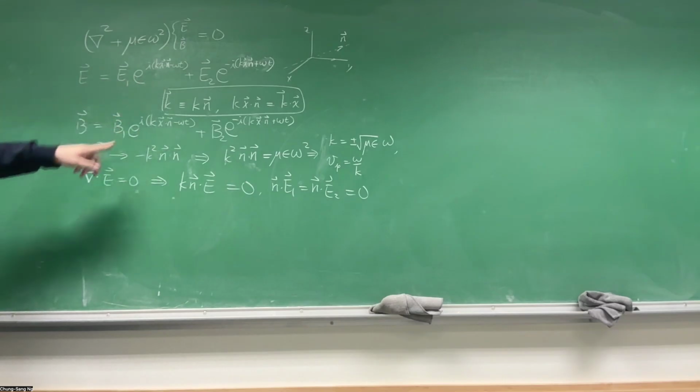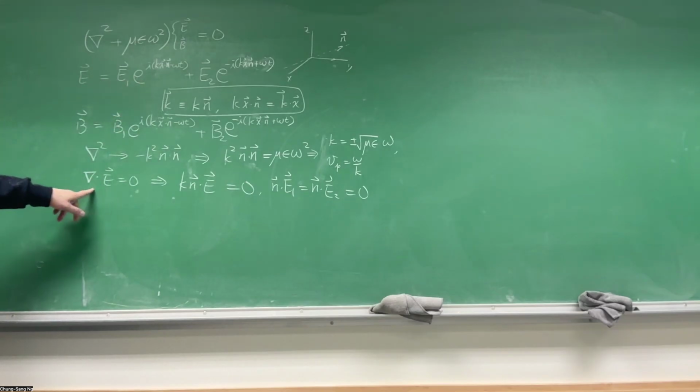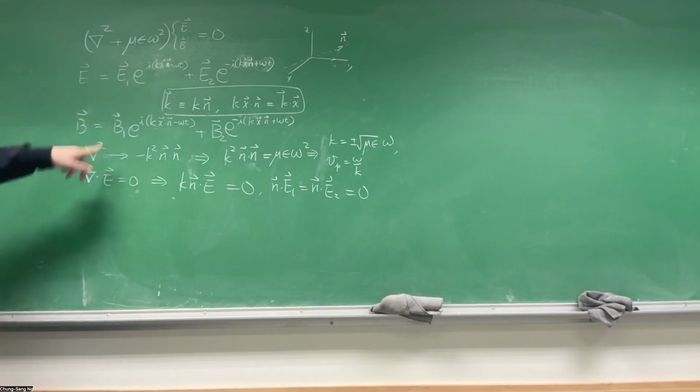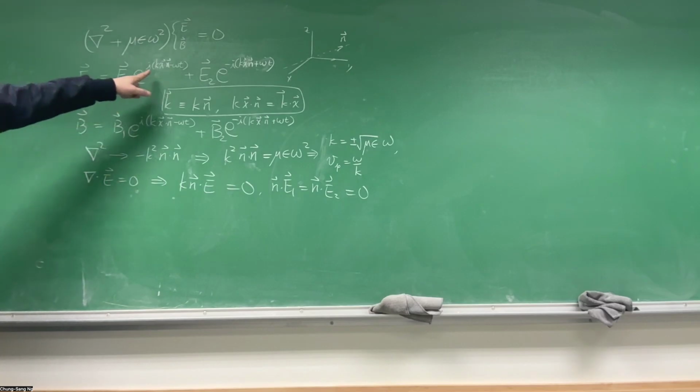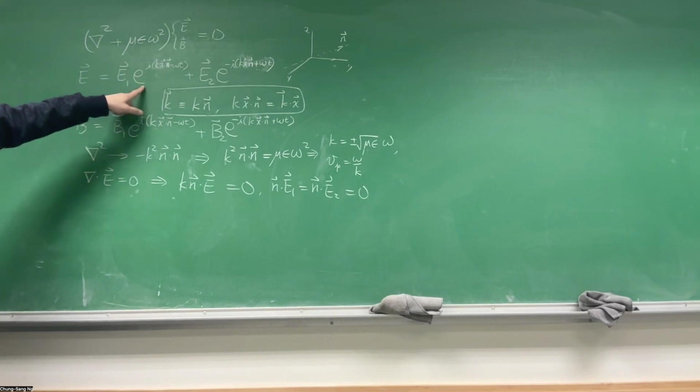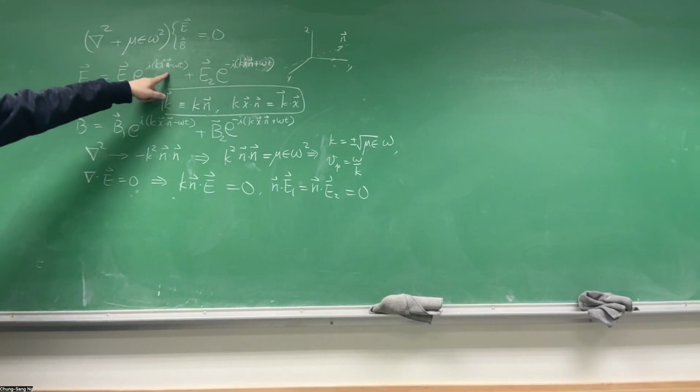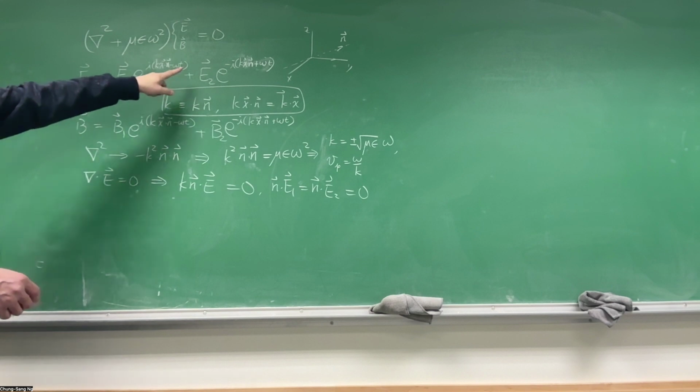I didn't work out the derivative. The derivative should be trivial. So you have this is just partial E sub x partial x. But whatever the partial derivative is, it operates only on the exponential factor. And this is n sub x times x, n sub y times y, and so on.